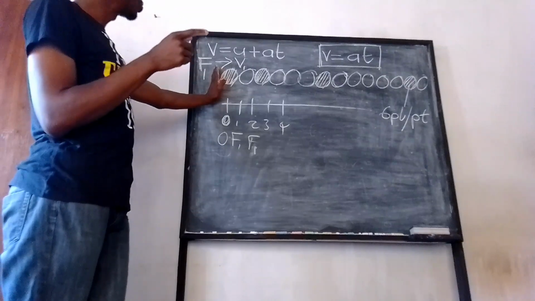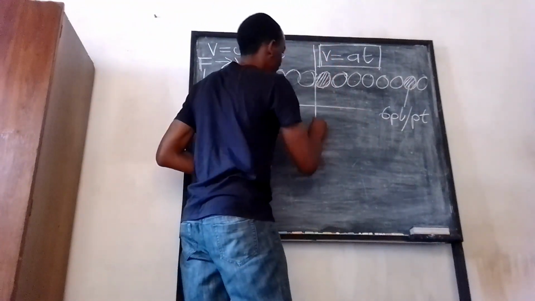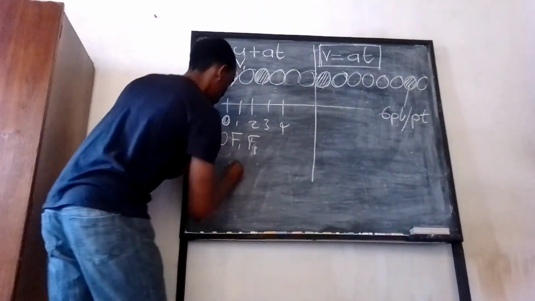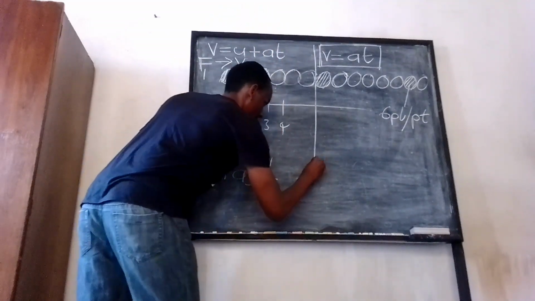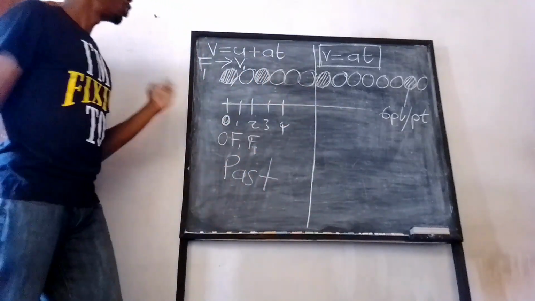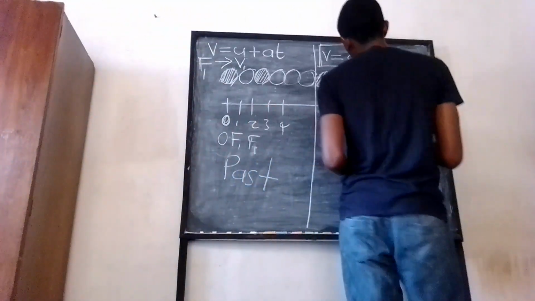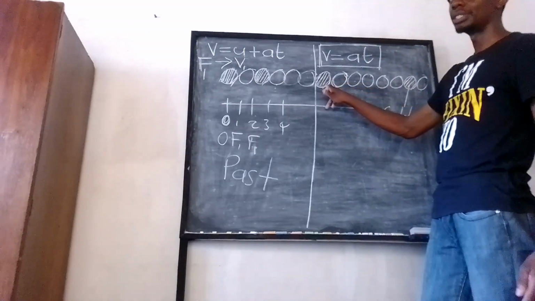Now in the case where, say, we begin here, we do not know what happened in the past. This is the past. And say all of a sudden, we want to derive the equation of the motion of this object, but we do not know what happened in the past.